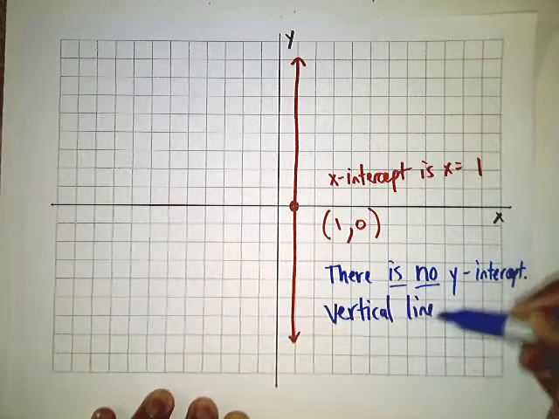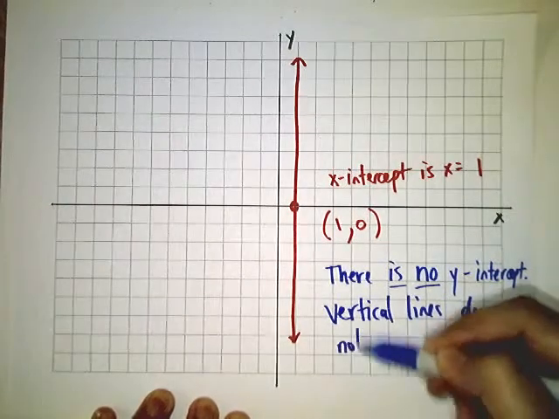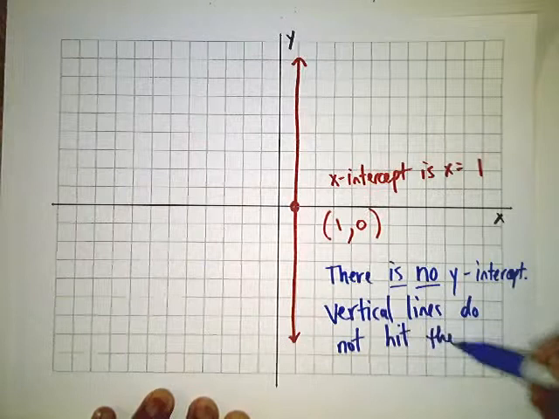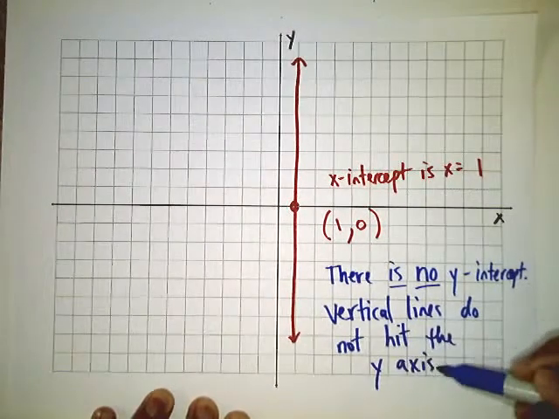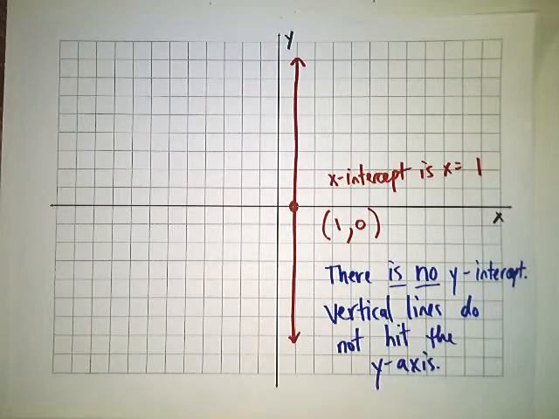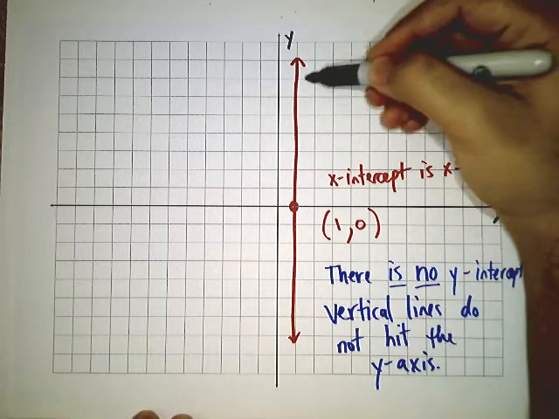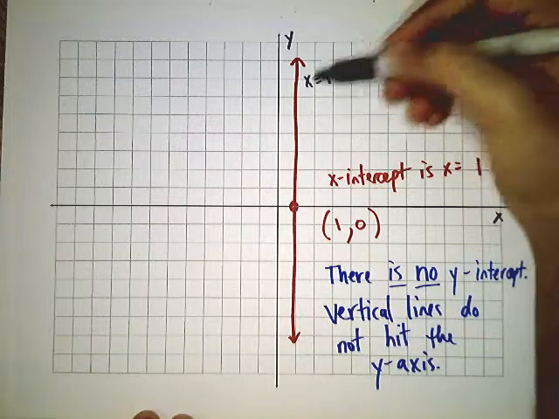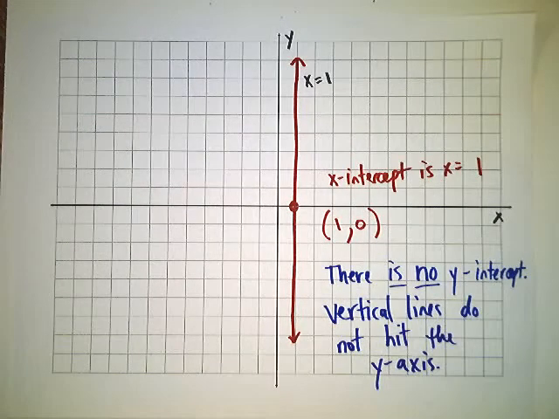Vertical lines do not hit the y-axis. So it's a little bit of a trick question if somebody asks you for the y-intercept of a vertical line. And again, the equation for this line is x equals 1. You can see there's no y in that equation.